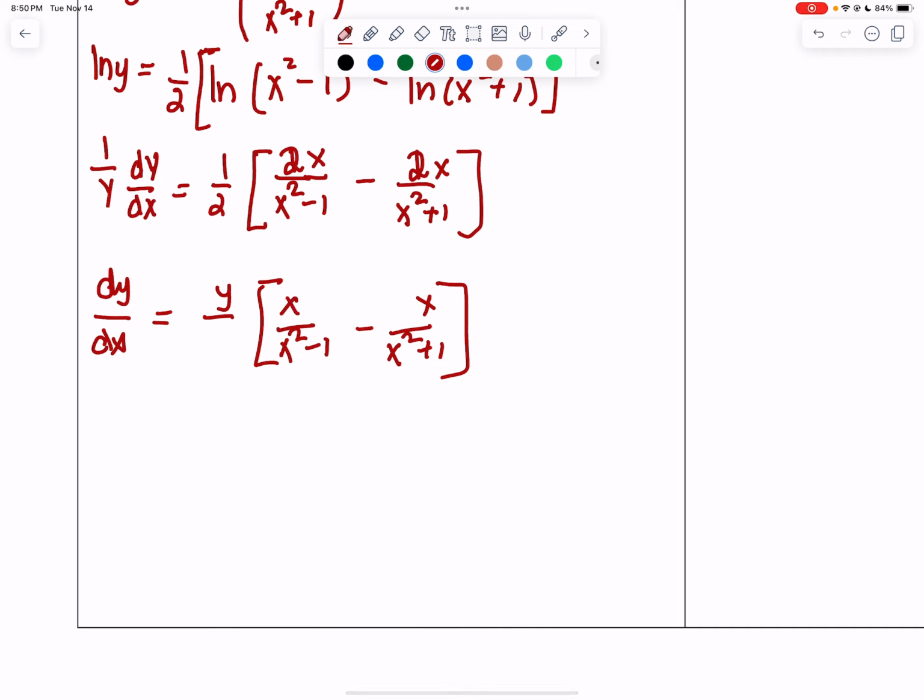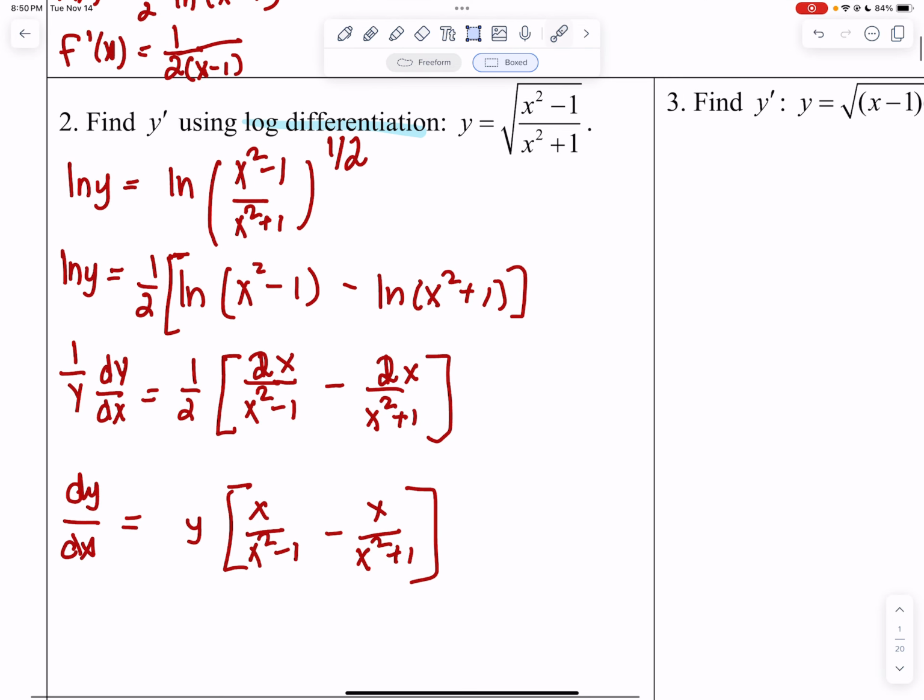Now, one important thing to note is that even though you have a y in your answer, that's okay. However, this isn't an implicit function. As you notice here, y is being solved for x. So this isn't implicit. This is actually explicit, because you actually know what y is.